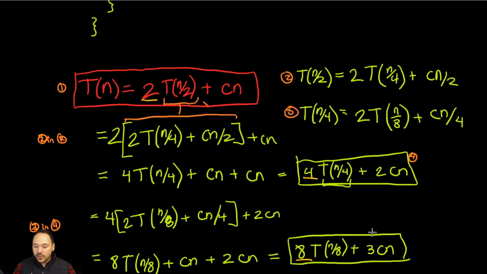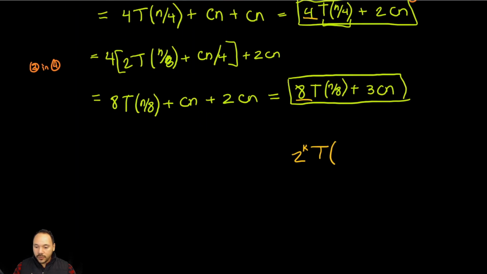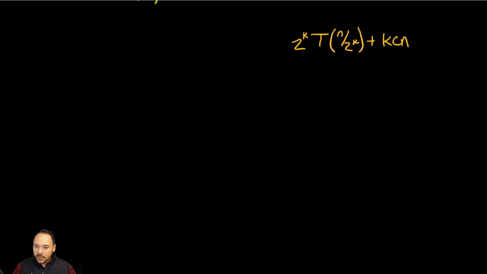Going 1, 2, 3, so probably the next one will be 4. So let's generalize it here. So we have 2 to the k, Tn by 2 to the k, and then we have k Cn. And this is our generalized formula, right? Again, this is the part where we are splitting the array in half and half, and then this is the merge part.